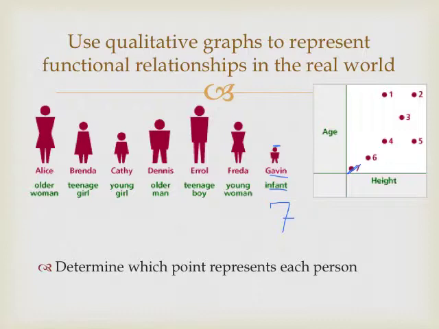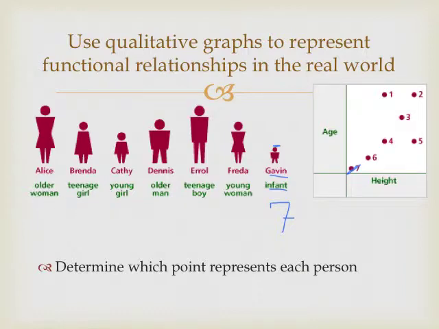So you can either try to follow the map via height, okay, or follow the map via age, okay? So if we were just going to go by age, we got rid of the infant, and if I'm following up this axis of age, I see 7 and then 6. So I need the next youngest person, okay? So I have a young woman, teenage boy, older man, young girl, teenage girl, older woman.